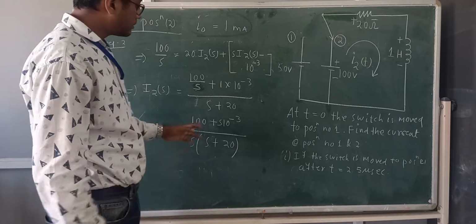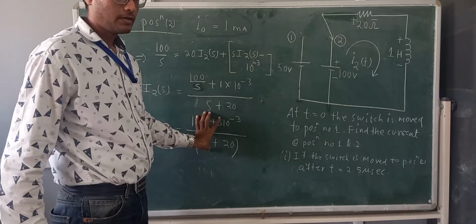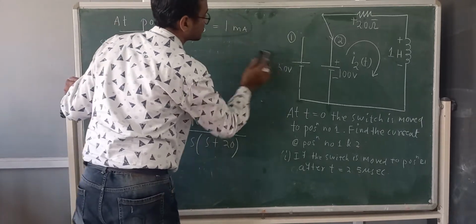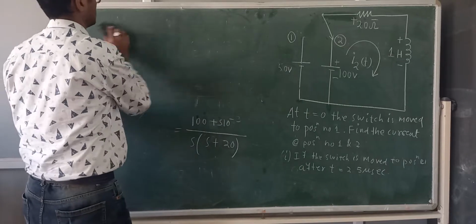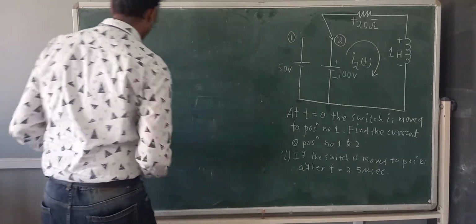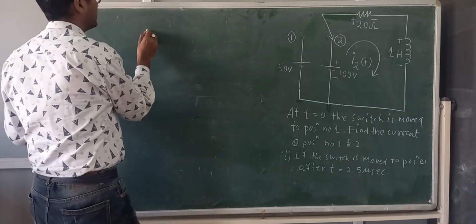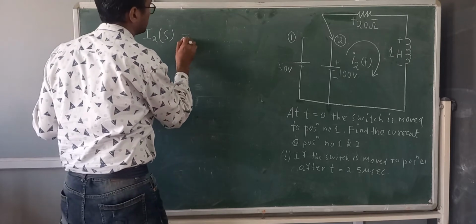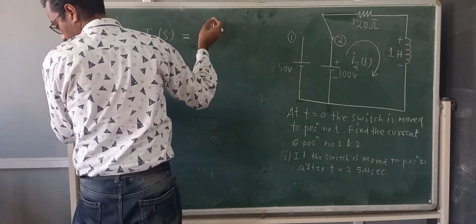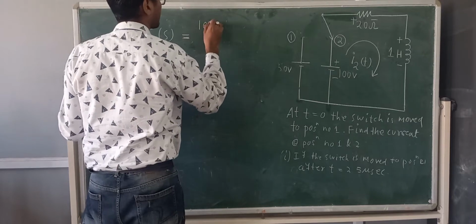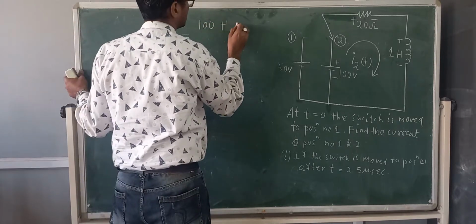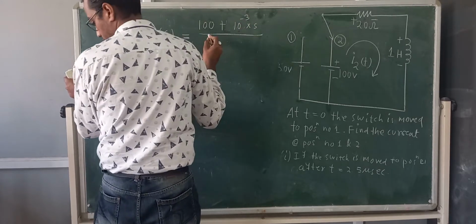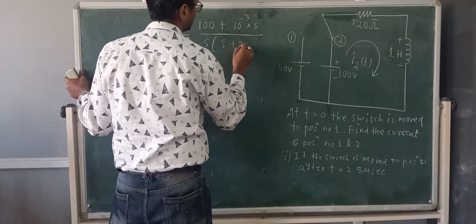What I am doing here is partial fraction of this. I2(s) equals 100 plus 10 to the power minus 3 into s, divided by s into (s plus 20).